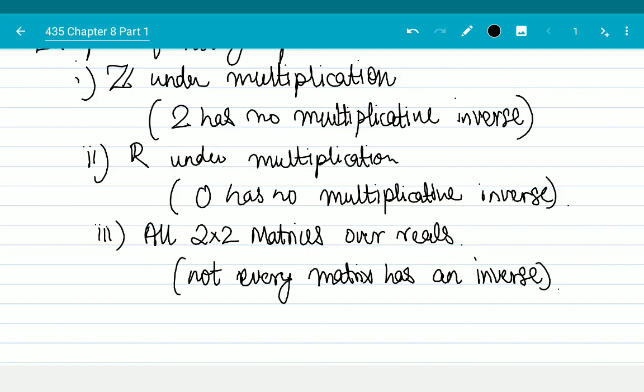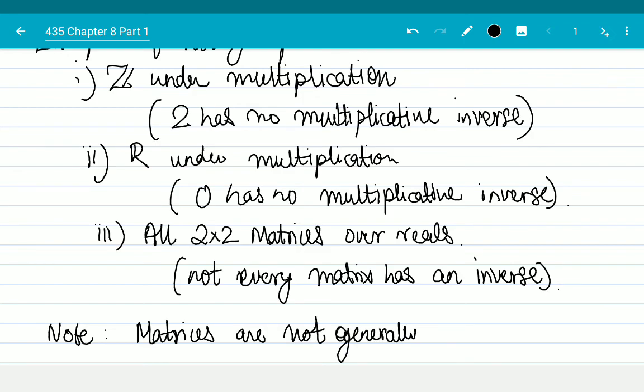Okay. Note matrices are not generally commutative.